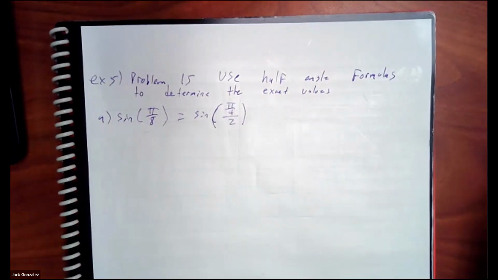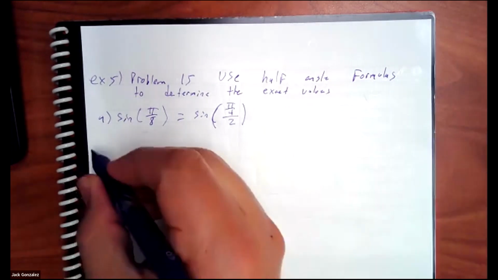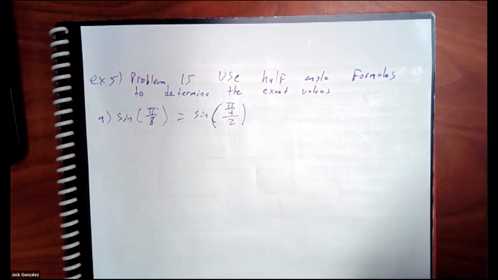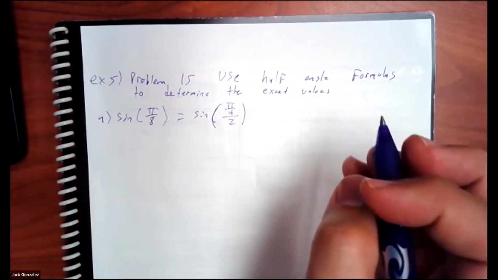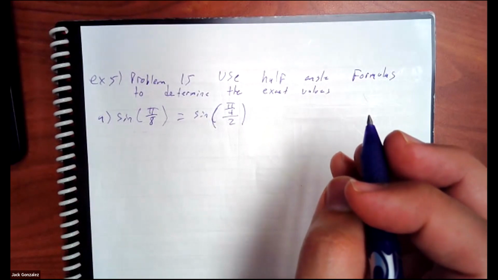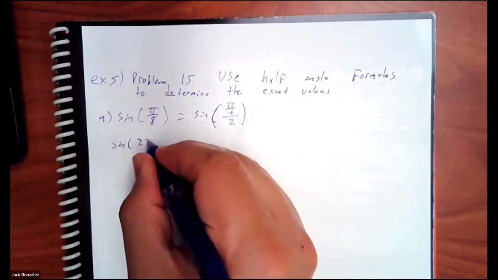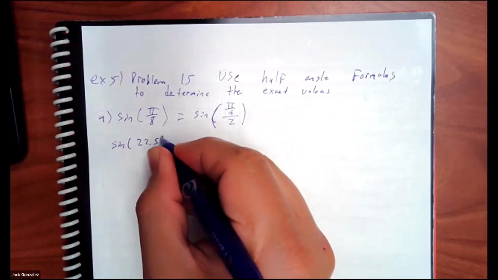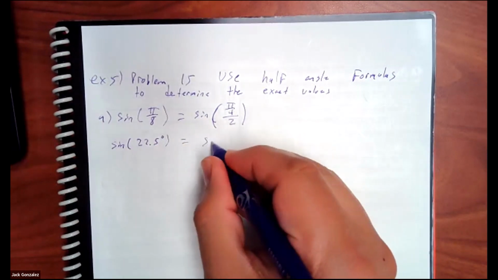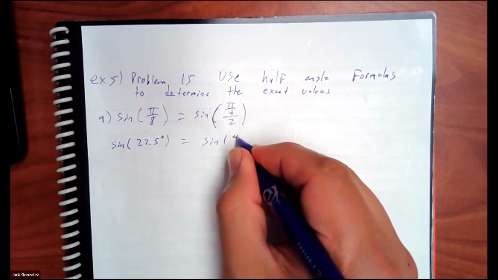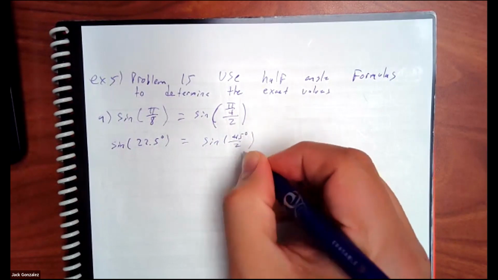That makes sense? Or if we had it in degrees, it might be more obvious. Sine of 22.5 degrees is equal to sine of 45 degrees over 2, right?